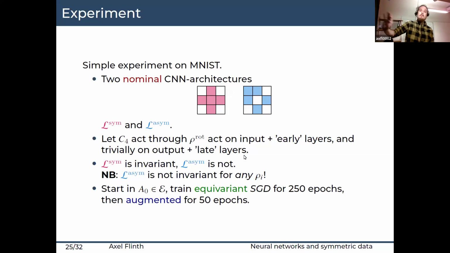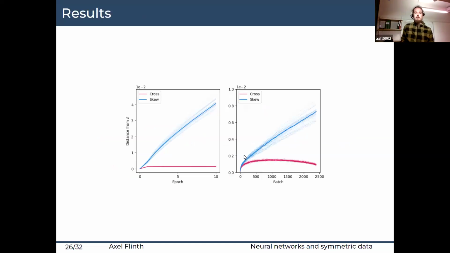So close to this hopefully stationary point, we train it in augmented mode and see what happens. And what does happen is exactly what one would expect. So the blue one, which is asymmetric, goes away from the E space quite fast, and the red one stays close to it.